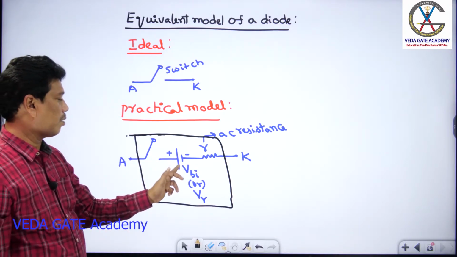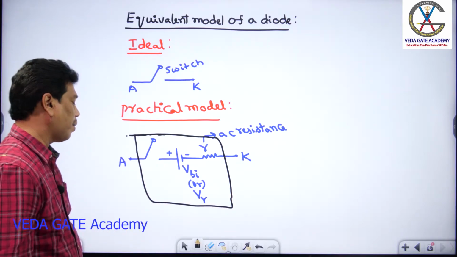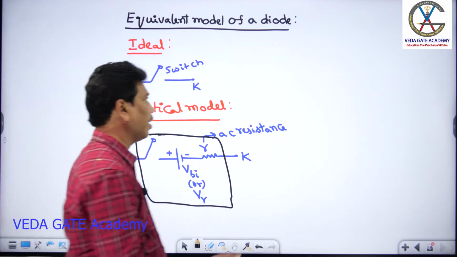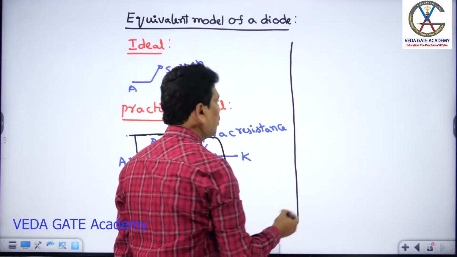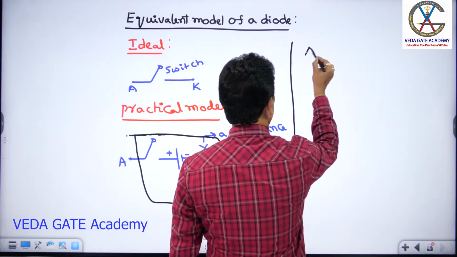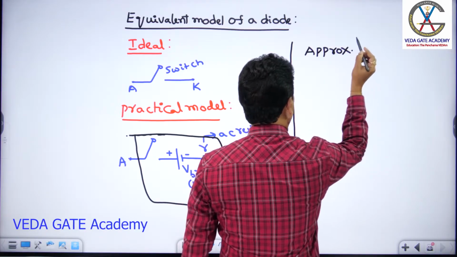Now in this practical model, both DC and AC terms are there. Now I can rewrite the approximate DC model and the approximate AC model of a diode. Now I go for the approximate DC model that can be used in DC circuits.